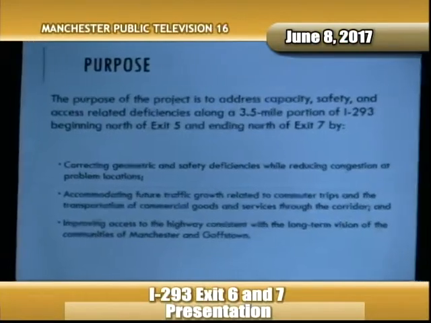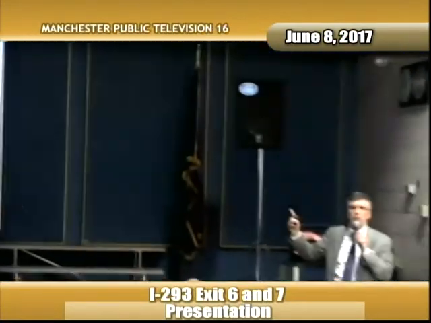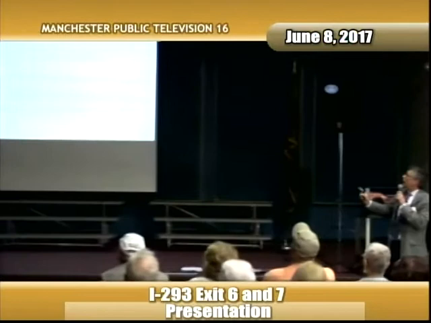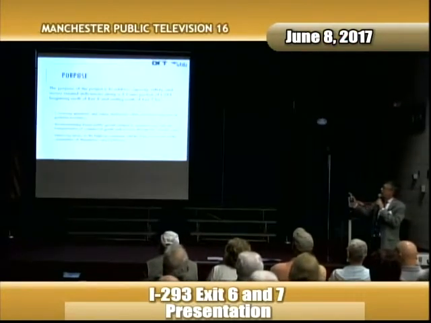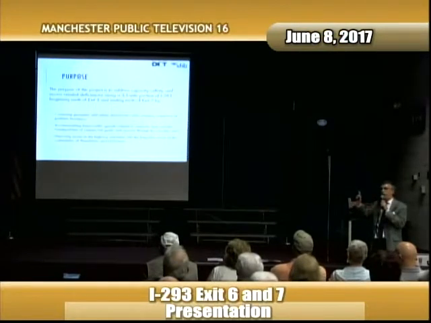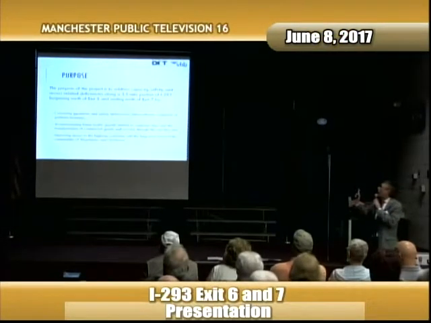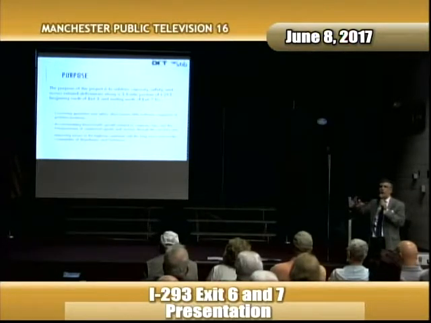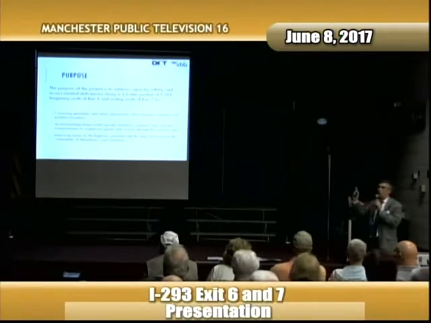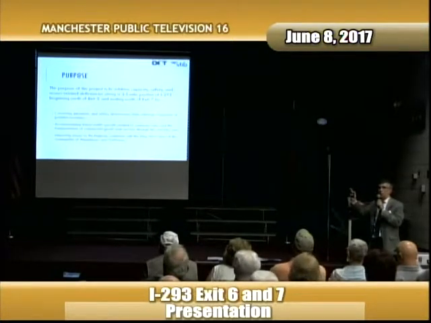Let me first start with the purpose of this project. The purpose is to address the capacity, safety, and access-related deficiencies along about a 3.5-mile segment of I-293 that begins just north of Exit 5 and extends through Exit 7. We're going to do that in three ways. One, by correcting geometric and safety deficiencies while reducing congestion at problem locations.